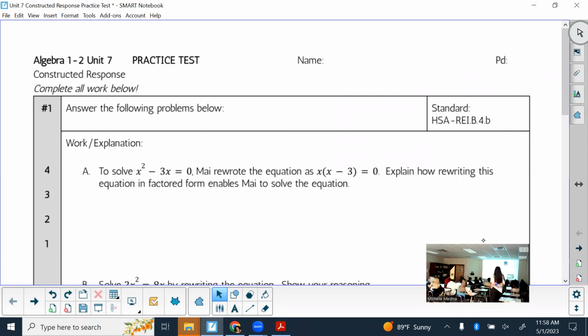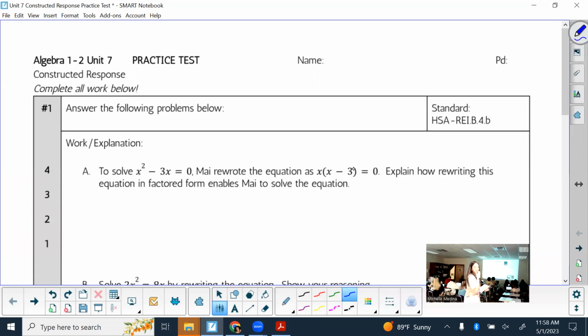Explain how rewriting this equation in factored form enables her to solve the equation. So how does factoring allow you to solve the equation for the zeros?